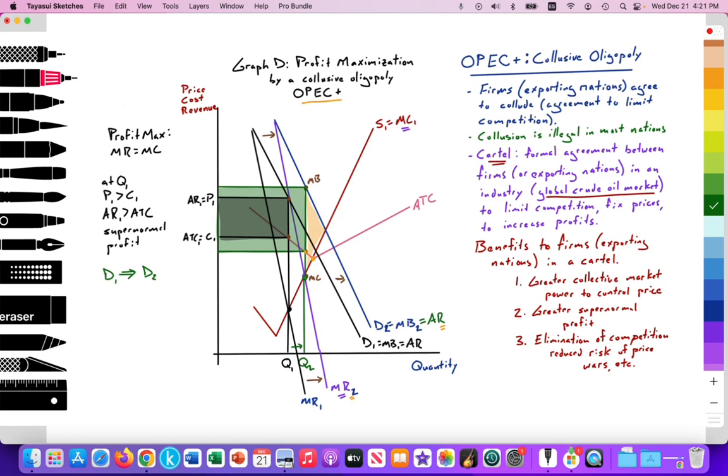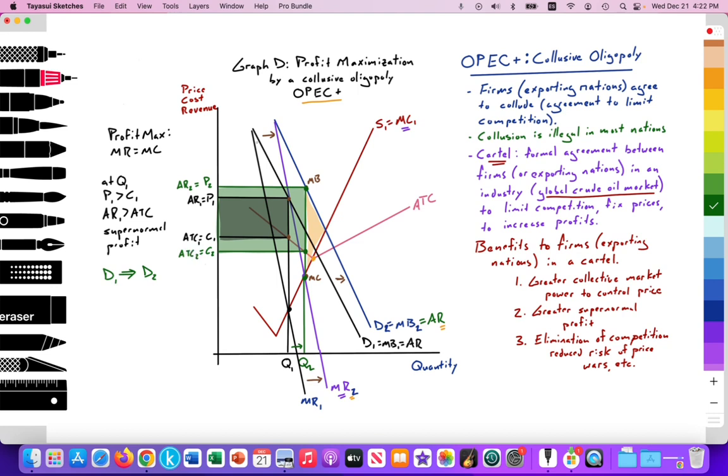And here, MR equals MC at Q2, and we price according to our demand curve. So here's the higher price, and here is the cost. And that will provide a price of P2 equal to AR2. And here we have our costs, equal to our costs on average.